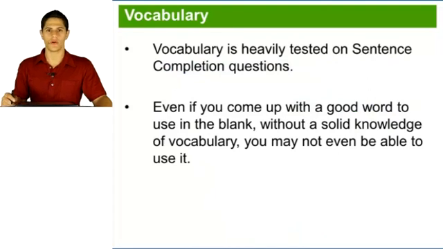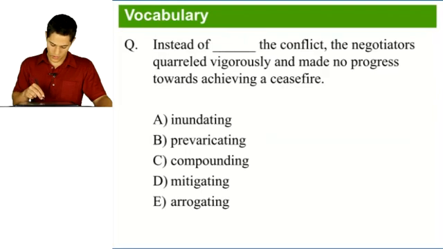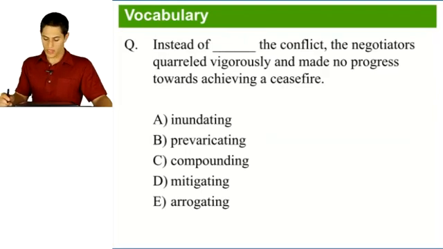Sentence completion questions are a great chance for ETS to drill you on tough vocabulary. Even if you have a sentence totally mastered, without the proper vocabulary, you may not even be able to use what you know. Let's look at this example. Instead of blank the conflict, the negotiators quarreled vigorously and made no progress towards achieving a ceasefire.